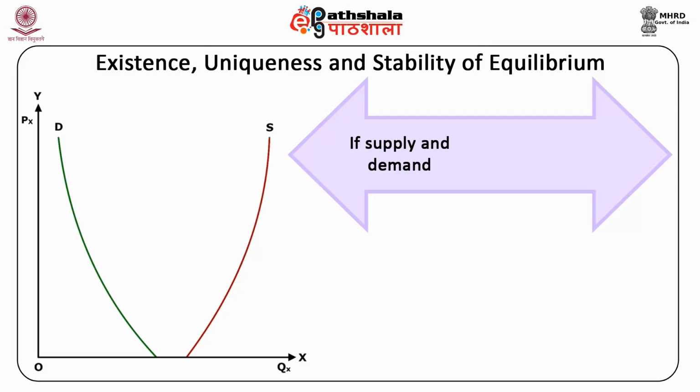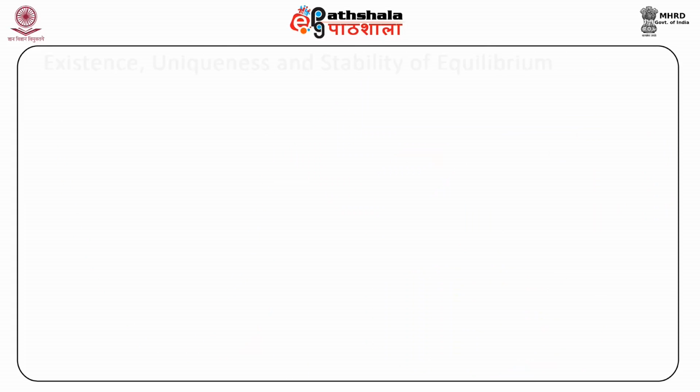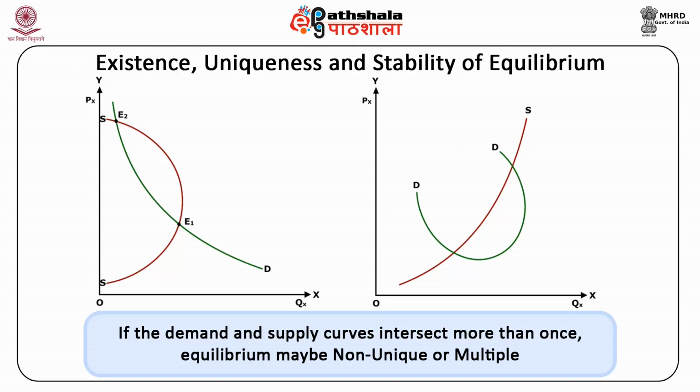If the demand and the supply curves are such that they never intersect, equilibrium may not exist. If the demand and supply curves intersect more than once, equilibrium may exist, but this will be non-unique or multiple, that is, there may be more than one point of balance or equilibrium.